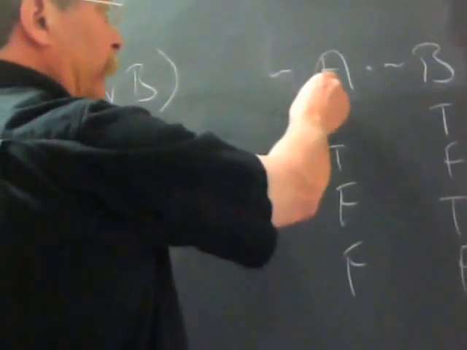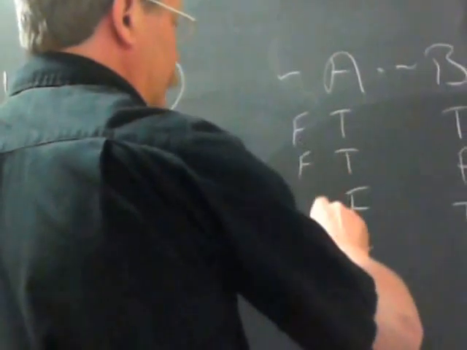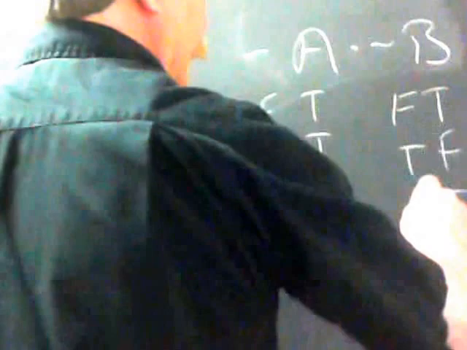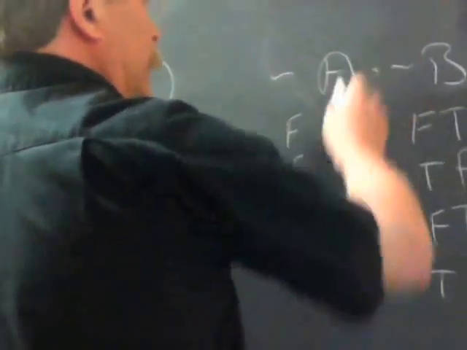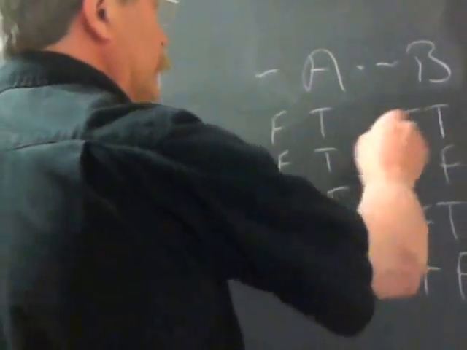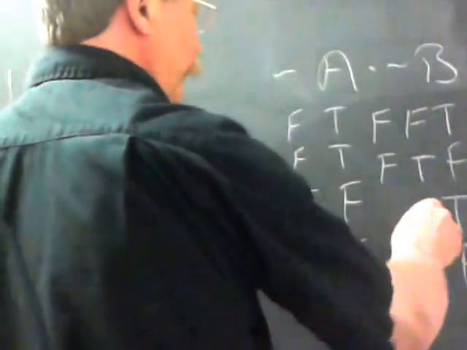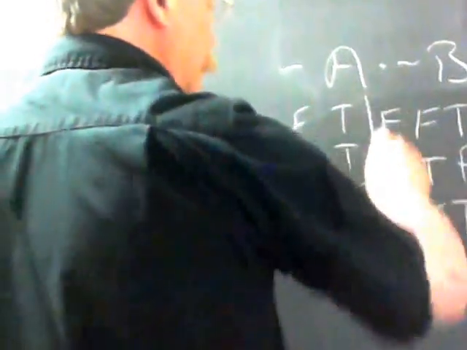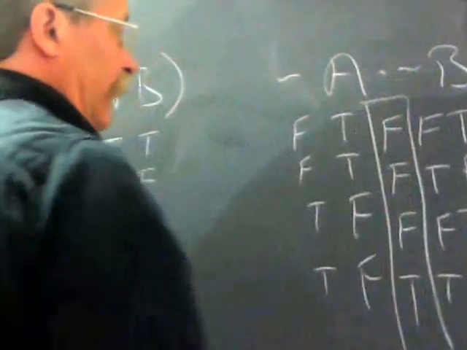Now here the tilde operates upon the letter both times, so here we're going to write F, F, T, T, and here we're going to write F, T, F, T. And now the dot is going to be the operator that joins these values. False and false is a false statement, false and true is a false statement, true and false is a false statement, true and true is a true statement. So these are the values that we get for the dot in that statement.